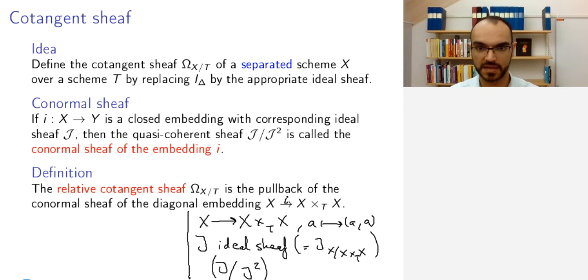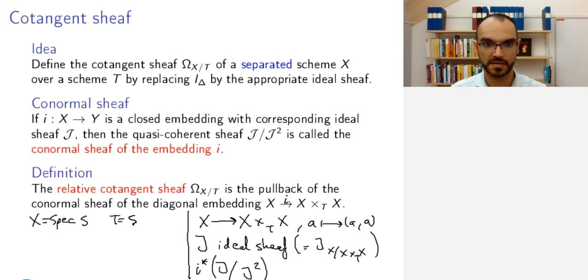So if this embedding is i, we need to pull back along i to get a sheaf over X. In the affine setting, where X is spec S and T is spec R, then this diagonal map corresponds exactly to the multiplication that we had before.